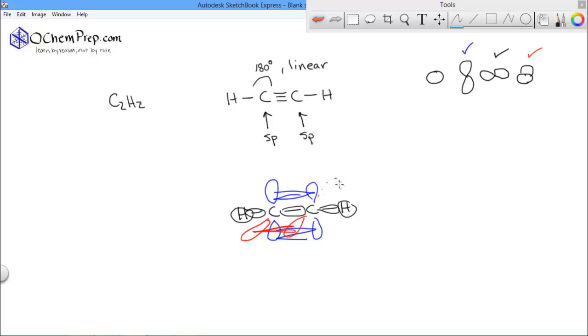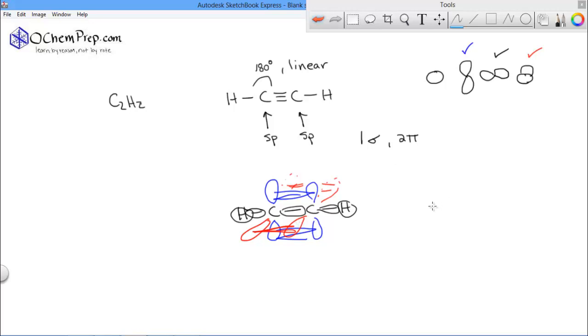And then this is going back, so the electrons are behind this blue pi bond. So the total picture of bonding in our triple bond is that you have 1 sigma and 2 pi bonds. And you really have a cylinder of electrons around this acetylene molecule.